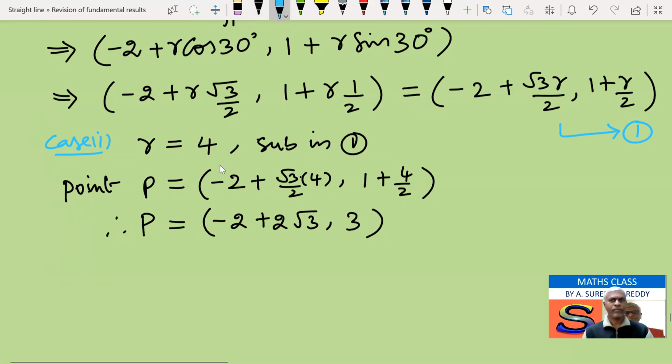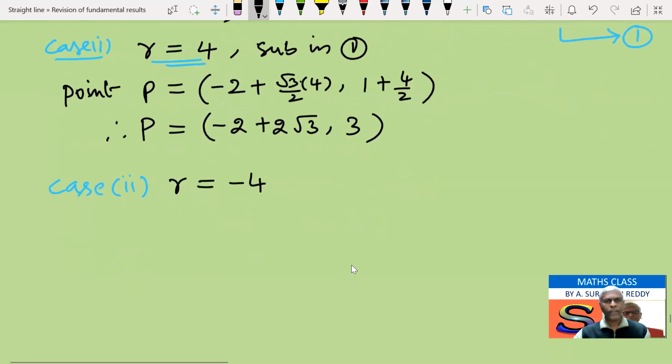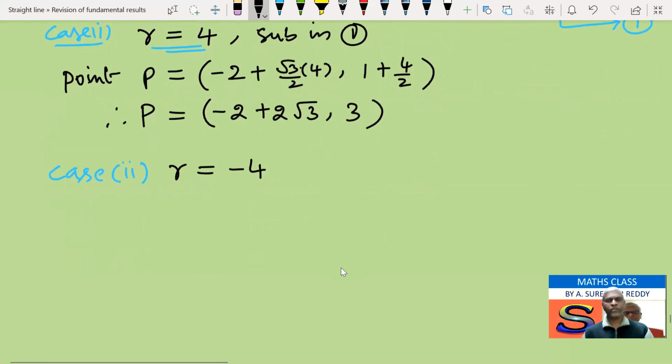So taking R value negative, if R value is -4, so mod R is 4, that is plus or -4. So if you take +4, you get 1 point. If you take -4, that is opposite direction, you will get another point.